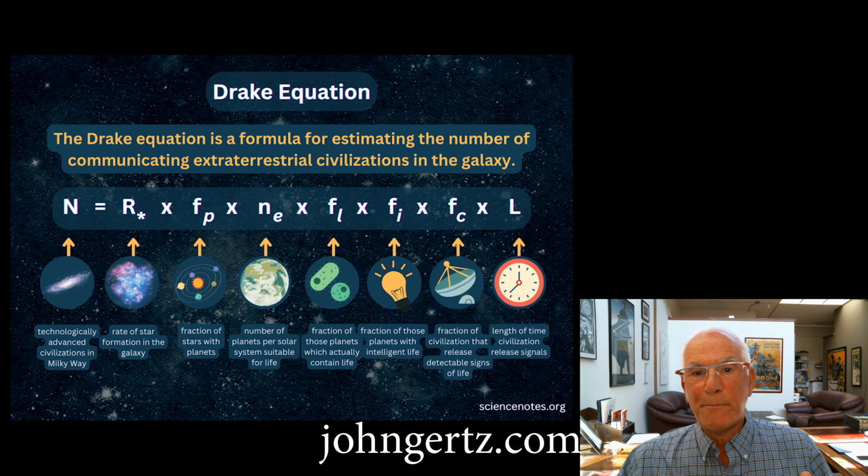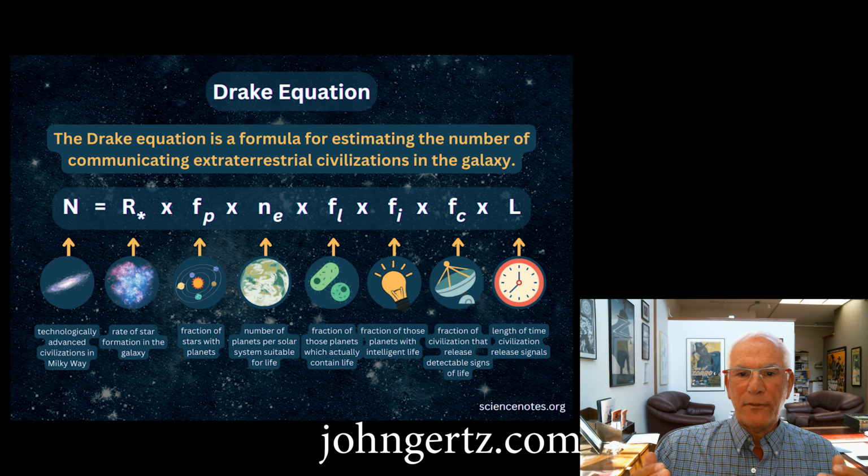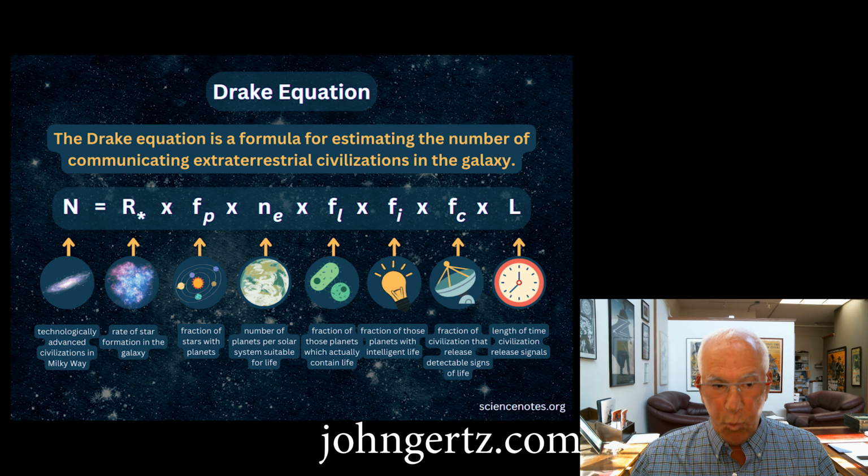The second great body of evidence in support of the notion that F sub p equals 1 is evidence deduced from the Kepler Space Telescope.